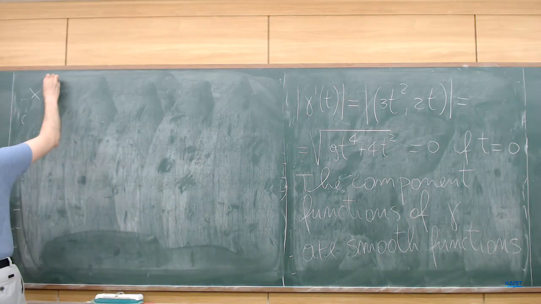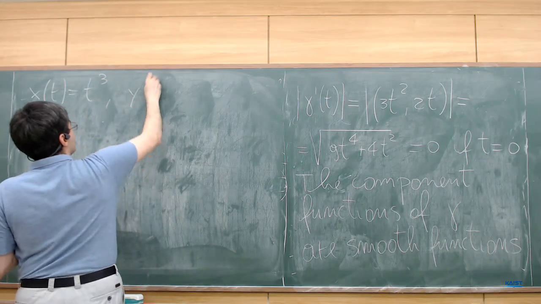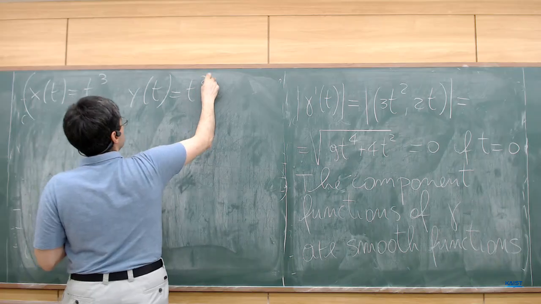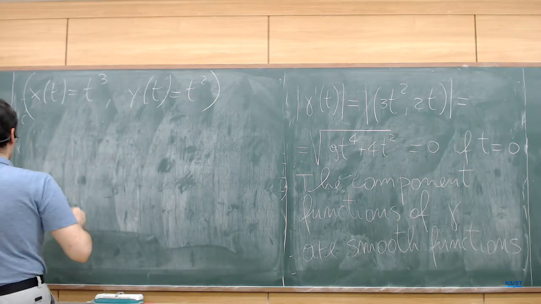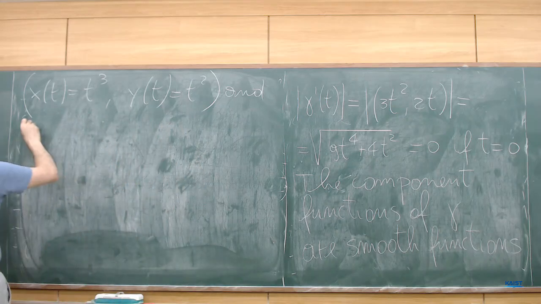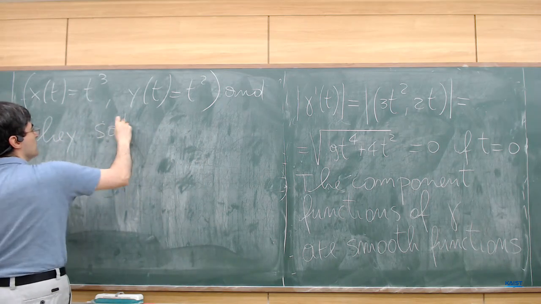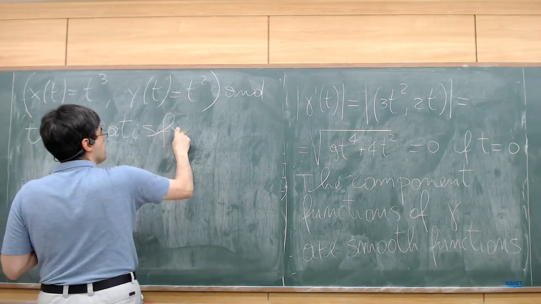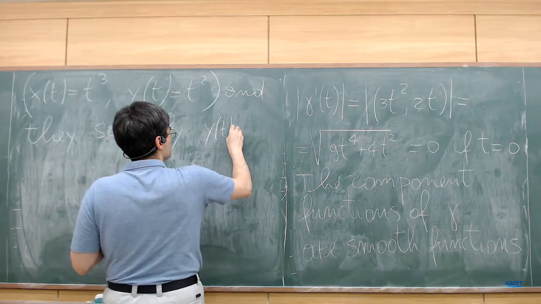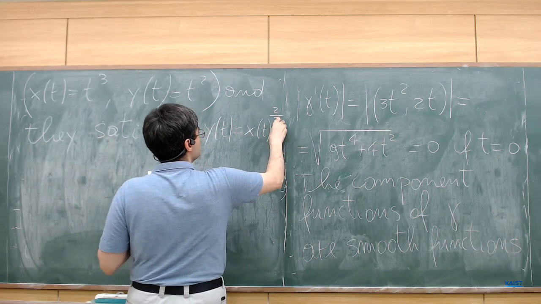They are x of t equal to t cubed, y of t equal to t squared, and they satisfy the equation y equals x to the power 2/3.